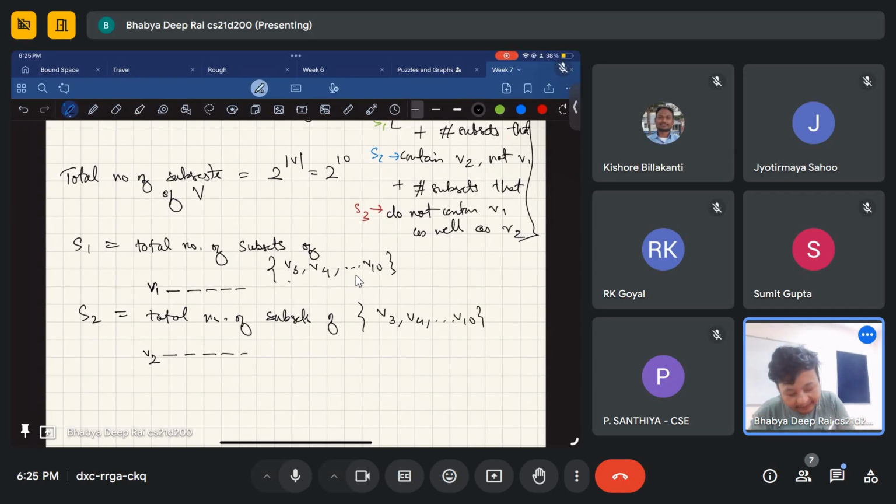Finally, what is s3? s3 does not contain v1 as well as v2. So this is a classic counting combinatorics question: subsets of v3, v4, and so on till v10.